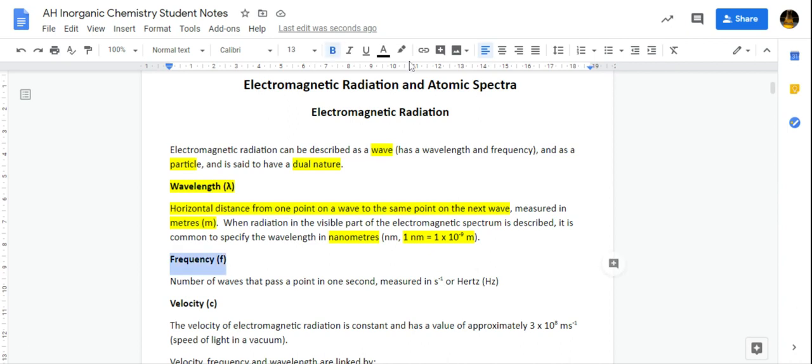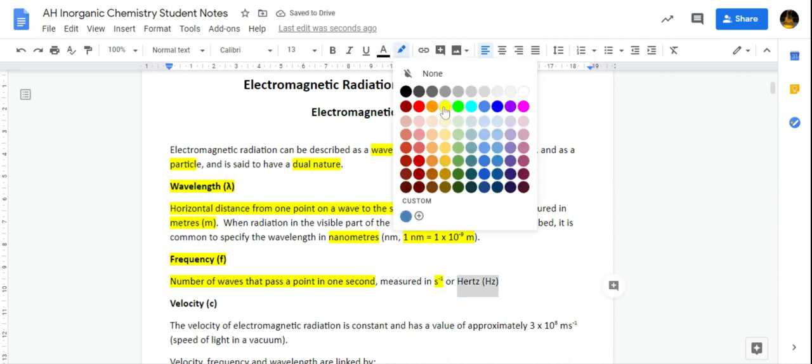You also need to know the key term of frequency. Frequency is the number of waves that pass a point in 1 second, and it's measured in seconds to the minus 1, which is usually given the name Hertz, Hz for the symbol.